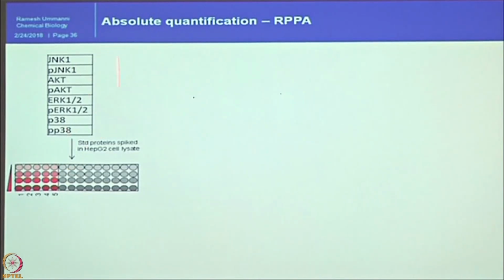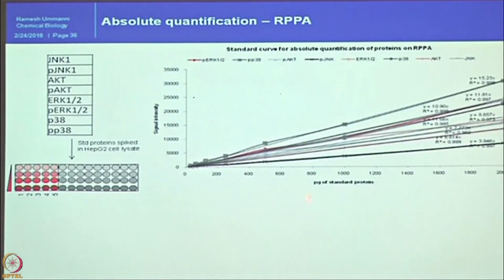So, what we did is we expressed the targets of interest, in this case JNK, AKT, ERK and P38, expressed, purified and in vitro translated for protein modifications, in vitro phosphorylated using the specific kinases, and those phosphorylated proteins we spotted in a concentration dependent manner, and then later on we did the assays.